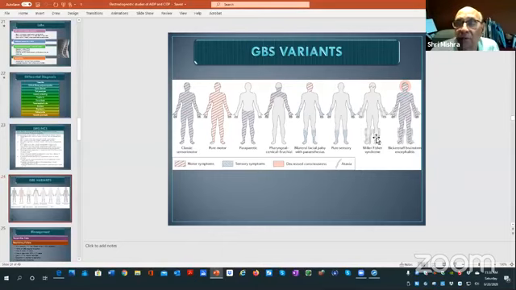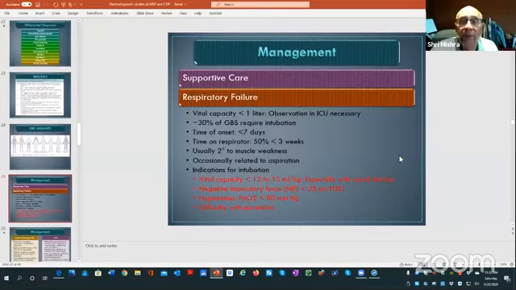And Miller Fisher syndrome is again ophthalmoplegia, ataxia, and absent reflexes. And Bickerstaff is more like seen in pediatrics, and it's got encephalitis. It's rare, very uncommon.